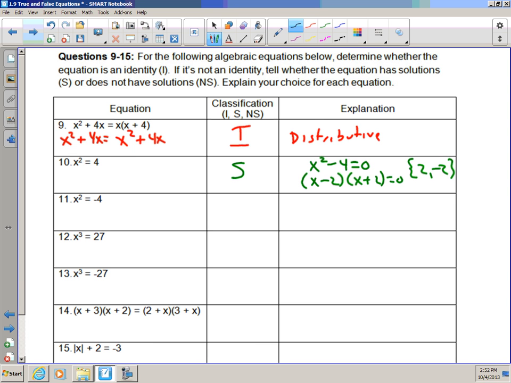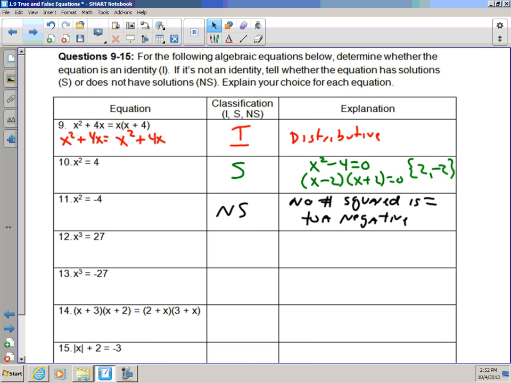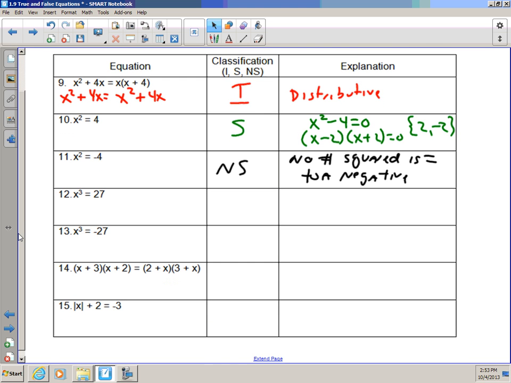Looking at 11, there is no solution because there is no number squared that is equal to a negative. Now, I said number, but technically it means no real number, because when you get to Algebra 2, there is a non-real number that satisfies that. But if you think about the definition of squaring something, it means to multiply something by itself. I can't multiply something by itself and get a negative.